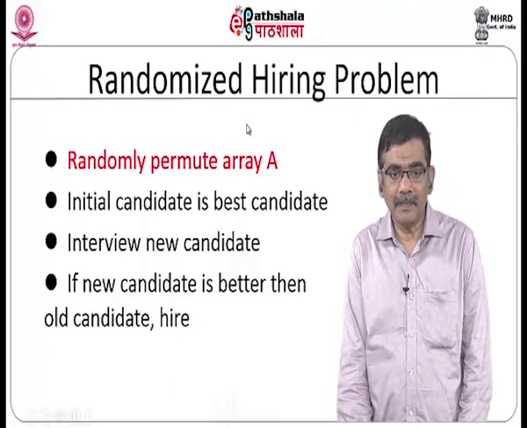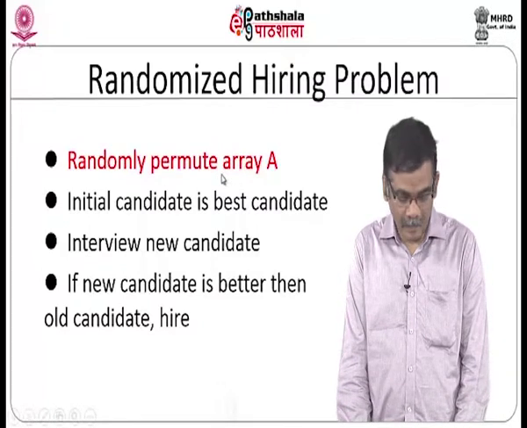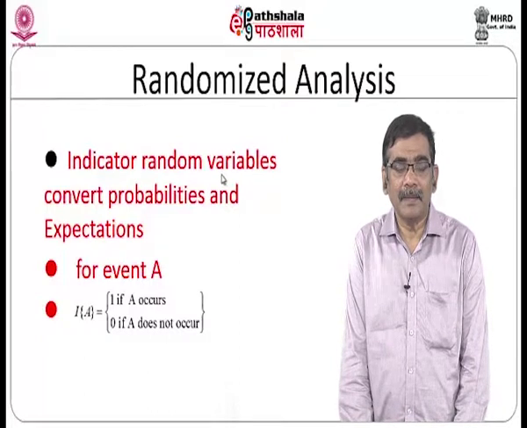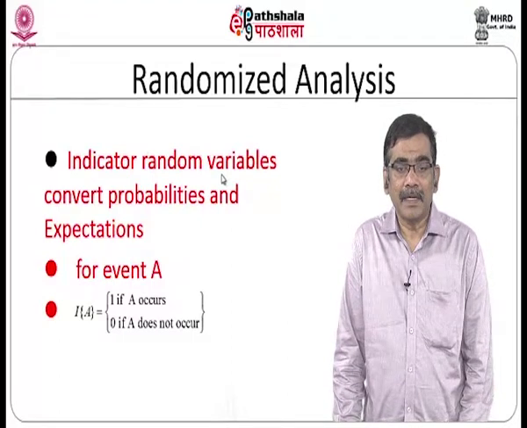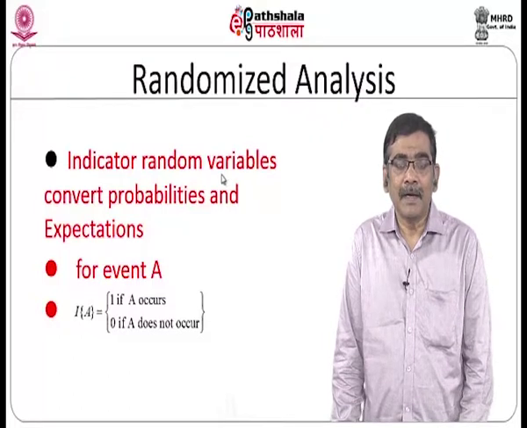So, the difference from the deterministic algorithm is the first step of random permutation. Once you have that, you can analyze it by means of probabilistic analysis, and in the randomized analysis you can show that this algorithm is better than your earlier algorithm.